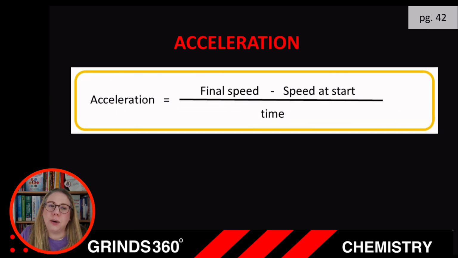Now, the formula for working out acceleration. It's the final speed minus the speed at the start divided by the time it took to get from one to the other. Now, I tried to do this as a formula before and it just ended up confusing everyone. So, when something is accelerating, you start from an initial speed. It's what you start from.